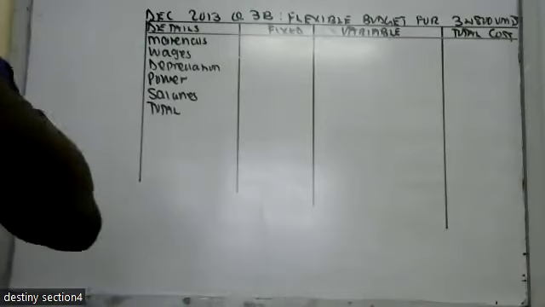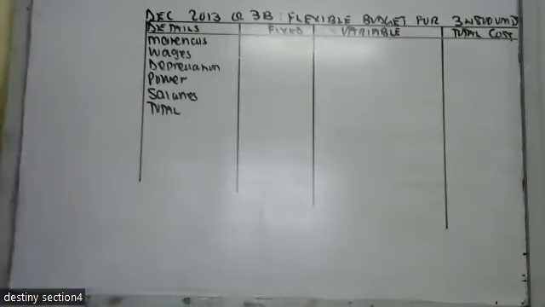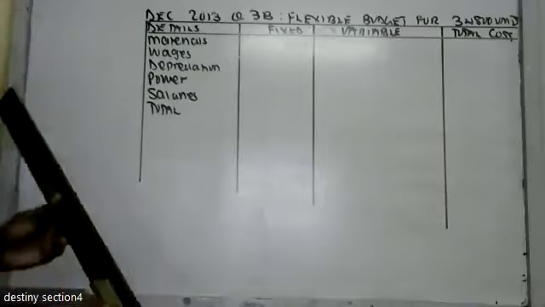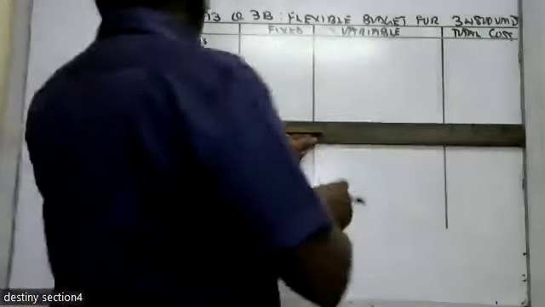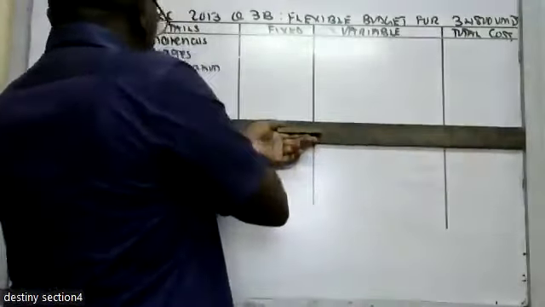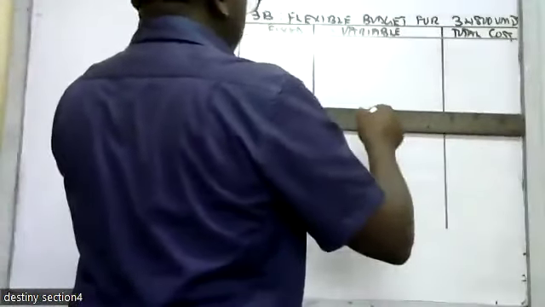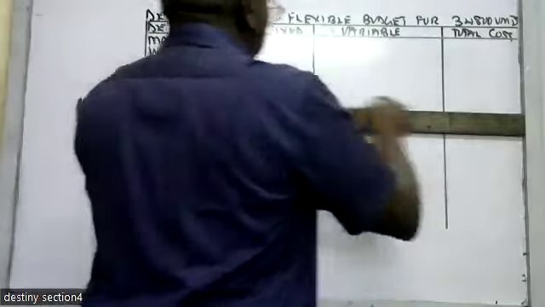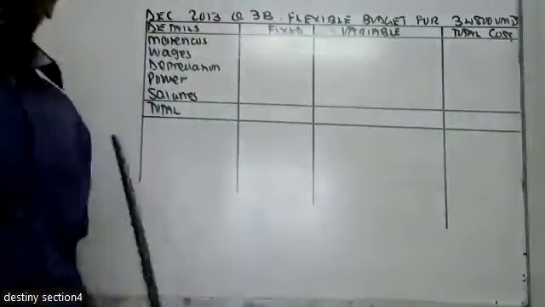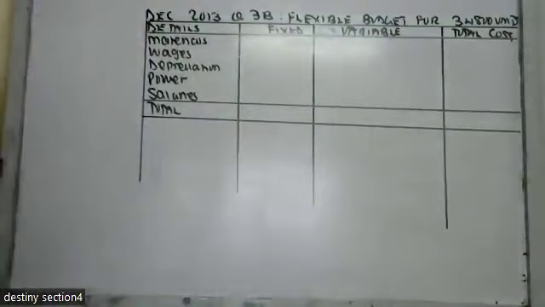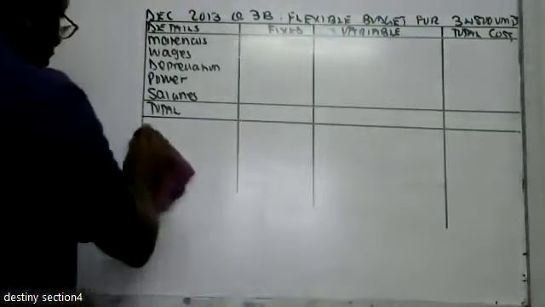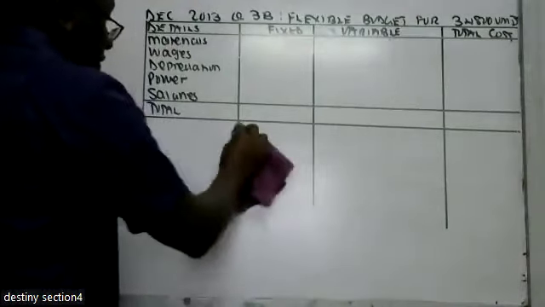Unaona hapa kwa depreciation hiyo figure ya huko mwisho 1080 cancel it, they should be 240. It'd be 240. That was a typing error.